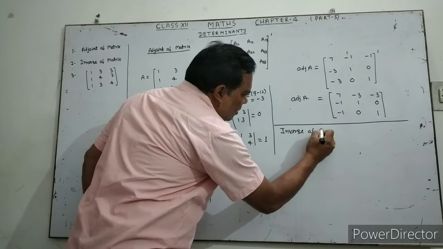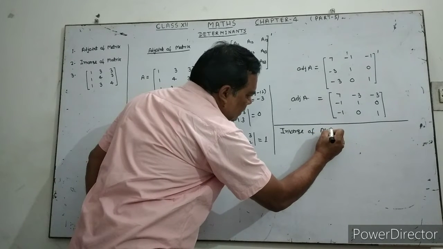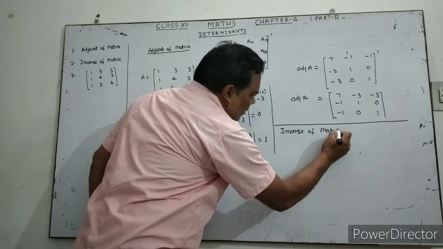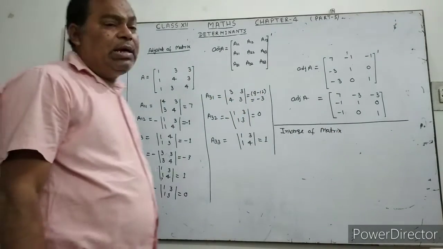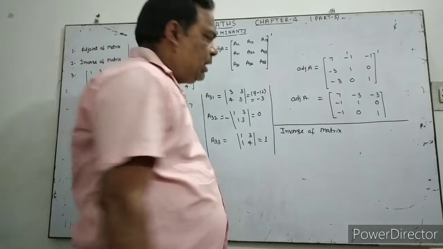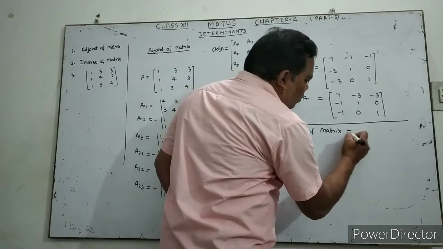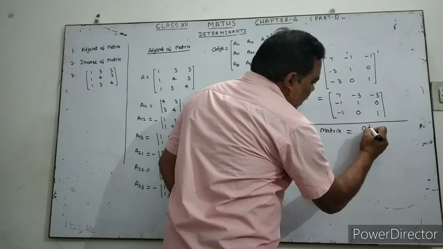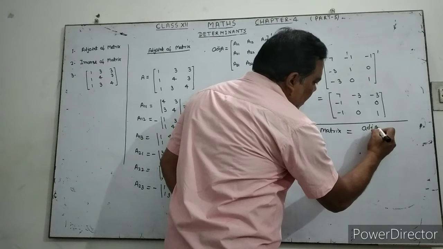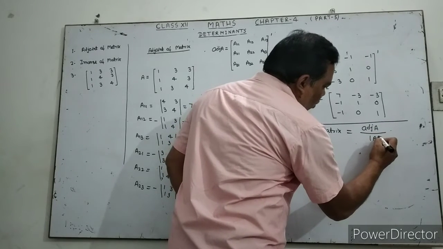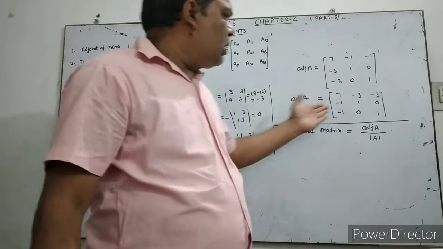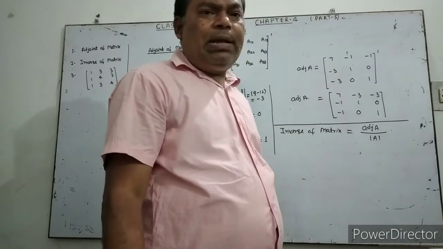The formula is adjoint A upon determinant A. Now, here we calculate the value of the adjoint A.